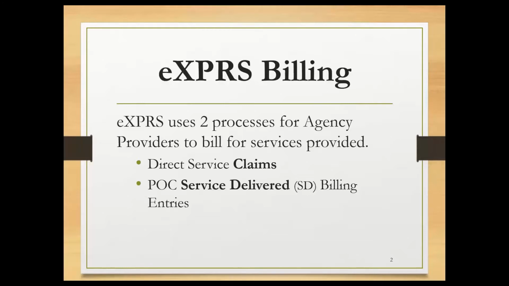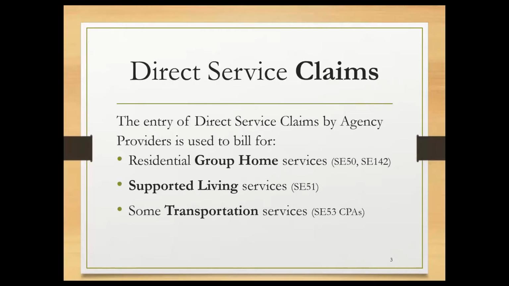So let's move right along. Let's first talk about direct service claims. This process for billing for agency providers is used for you to bill for residential group home services, such as service element 50 adult group homes or service element 142 kids group homes, for your supported living services if that's what you provide, as well as some transportation services that are authorized in a monthly client prior authorization, or a CPA.